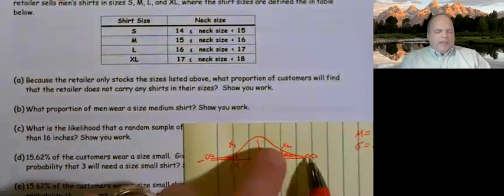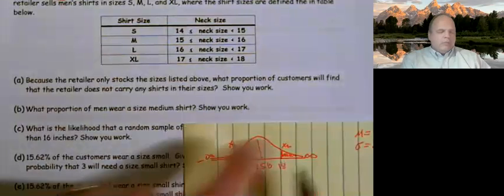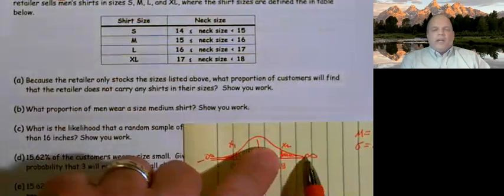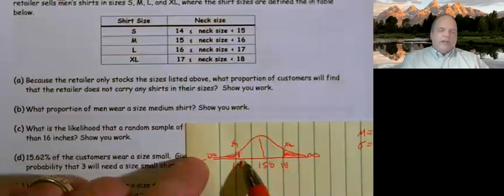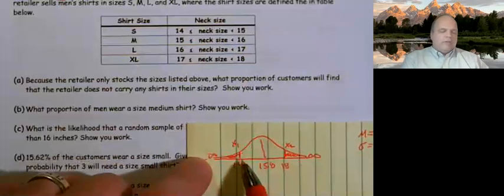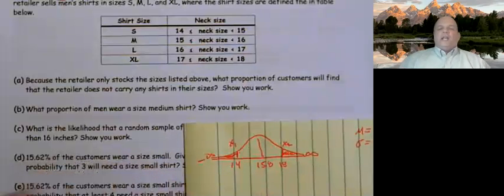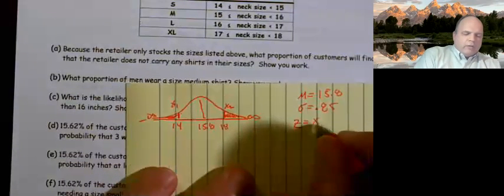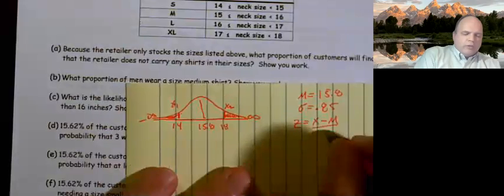I really need to add this area right here to this area right here, because they're not getting a shirt if they have a neck size bigger than 18, and they're not getting a shirt if they have a neck size less than 14. So I'm going to add those two together, and that's going to tell me the probabilities of what I need. So z equals x minus mu over sigma.